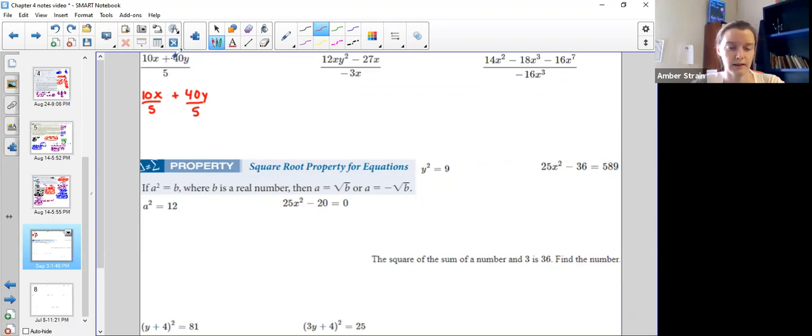Since I don't know the x and the y, I'm not able to do that, so instead I have to break it apart so each one individually gets its own separate division. And now I can look at them one at a time and break it down into 10 divided by 5 is 2, and 40 divided by 5 is 8. And that would be the answer. That's as far as we can go.